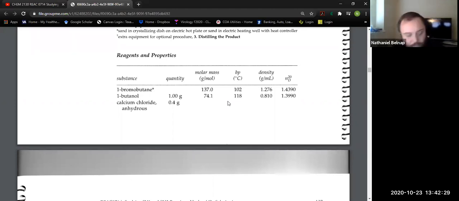And so with 1.07, you do 1.07 divided by 74.1, and you get 0.0144. And that's how many moles of 1-bromobutane you make from 1 gram of 1-butanol.